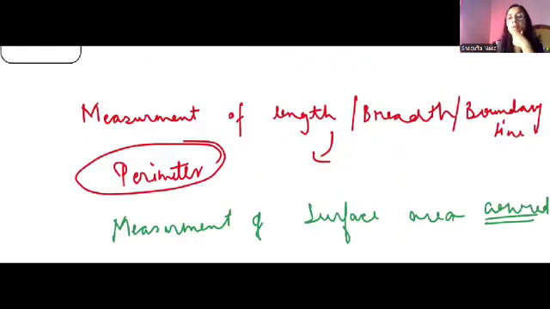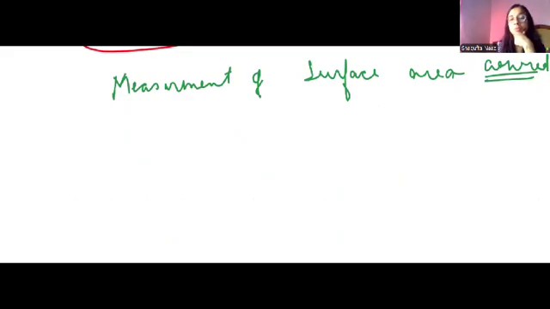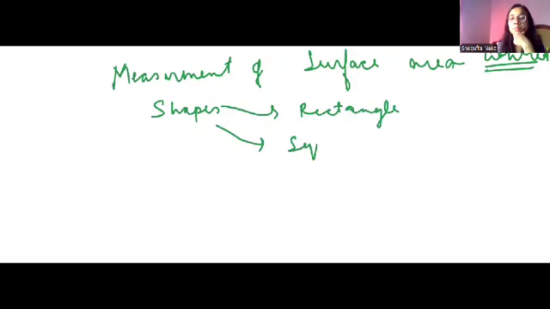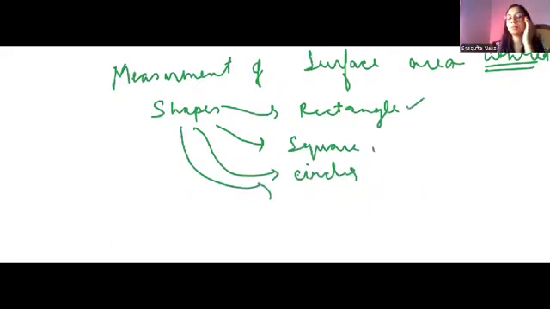So here we are having several shapes. What shapes are we going to learn about? It can be a rectangle, a square, a circle. Mostly we have questions on rectangle and square only.